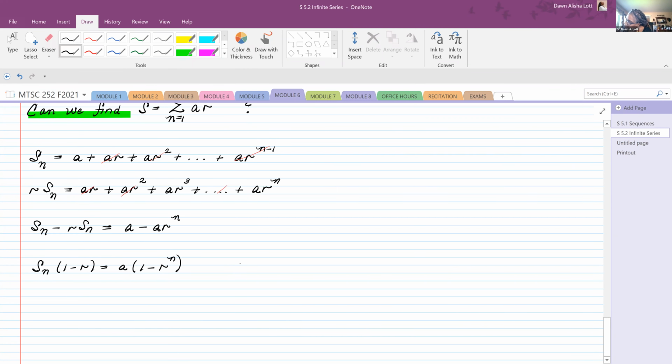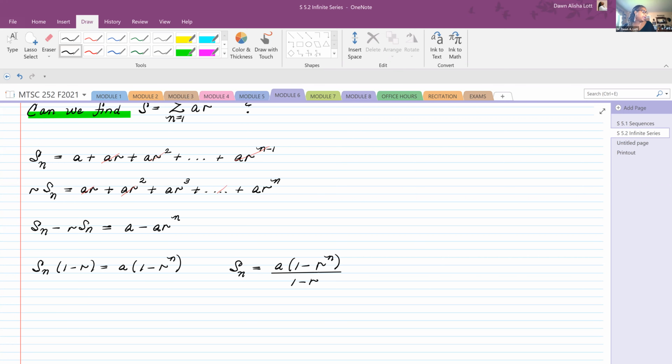So now I know that Sn, the nth partial sum of the geometric series, is a times 1 minus r to the n over 1 minus r. Now, let's take r to the n. If r is like 2, 2 to the n is going to get humongous as n goes to infinity. So I know r can't be 2.